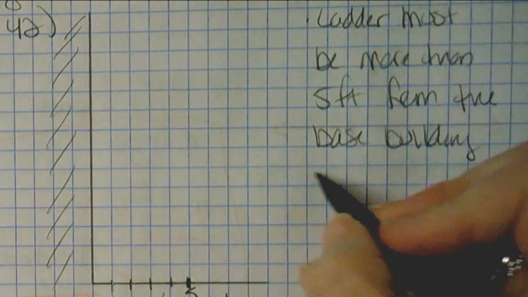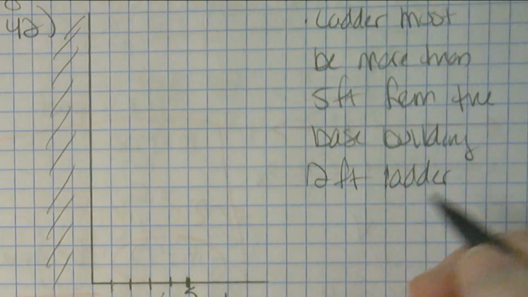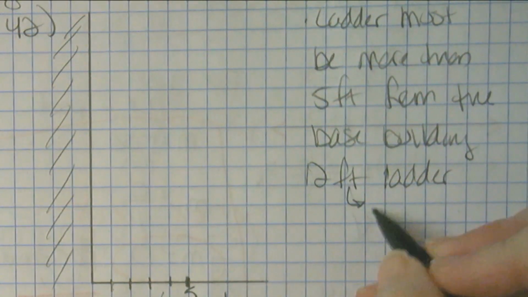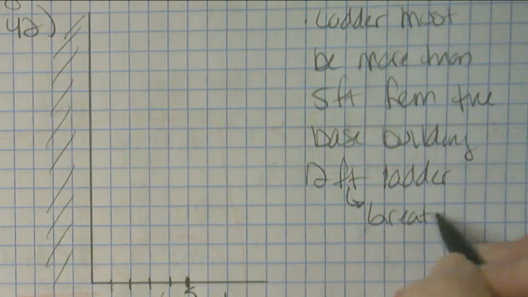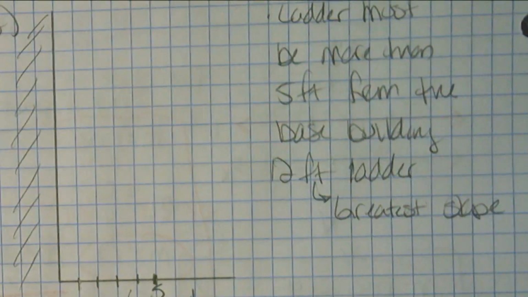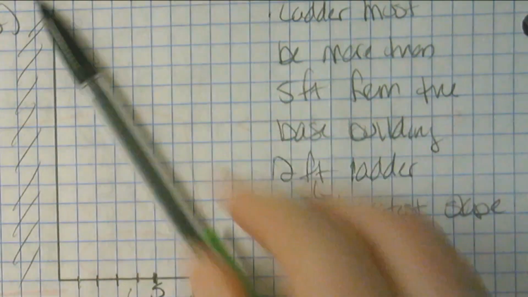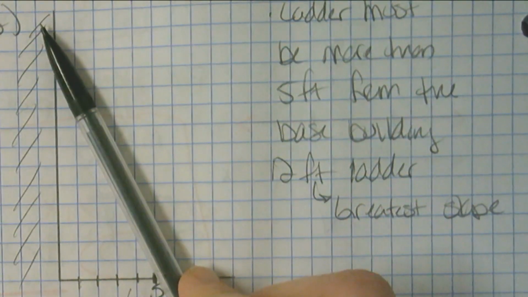They say to us if we have a 12-foot ladder, because that's what they asked us for first, we want to find the greatest slope. Well, let's talk about slope. We've talked about this before. Here's my ladder. Everyone's eyes on the board.